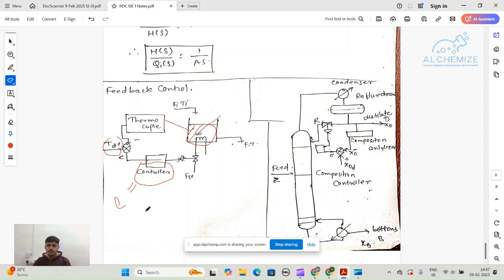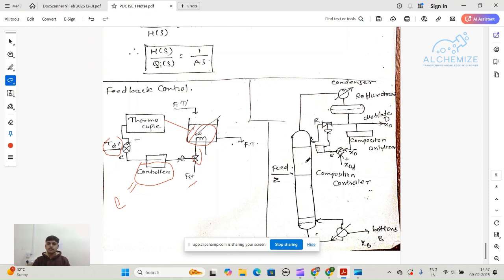According to the control signals from the controller, the pneumatic valve will regulate my steam flow rate, that is FST here. This is the feedback control system for the heating tank system.